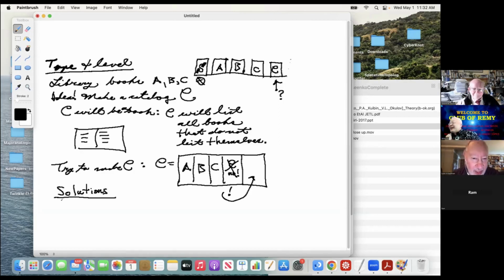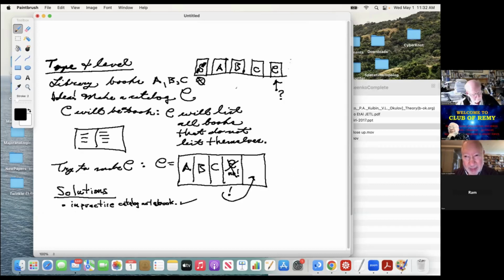In practice, a catalog is not a book. But some books are catalogs. So it isn't completely crazy to have the catalog be a book, right? But this will certainly solve the problem.